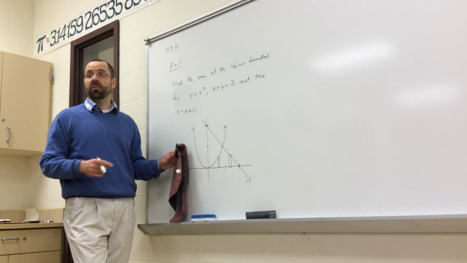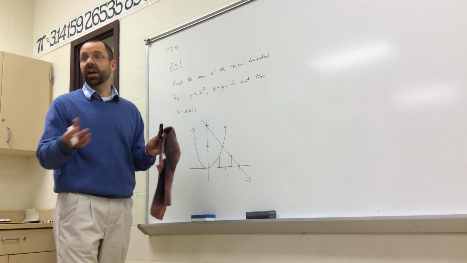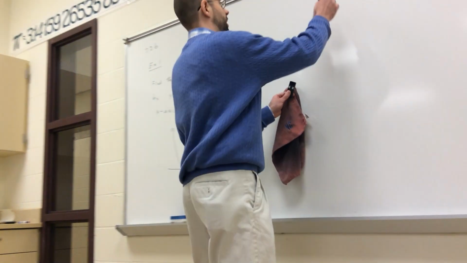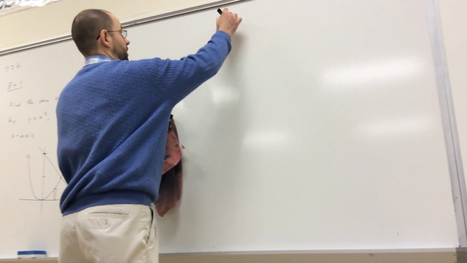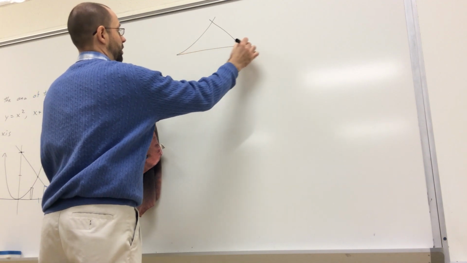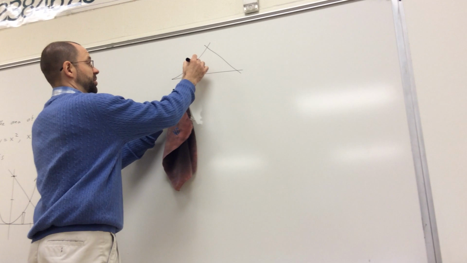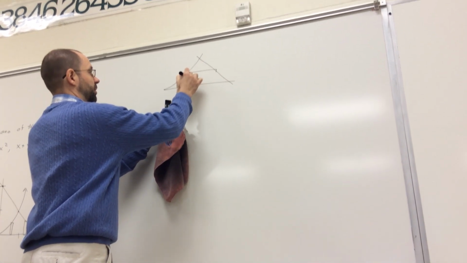So instead of doing it that way, I'm going to do it a new way. That's the main topic of today, this thing that I'm about to show you. So here's my bounded region. Instead of doing rectangles up and down, we're going to do sideways rectangles.